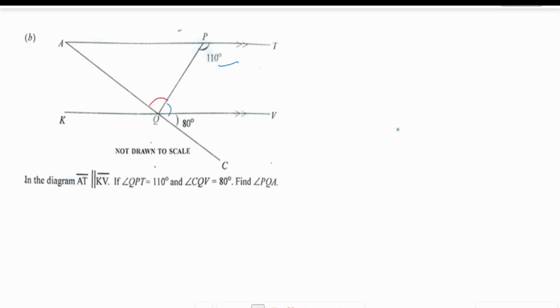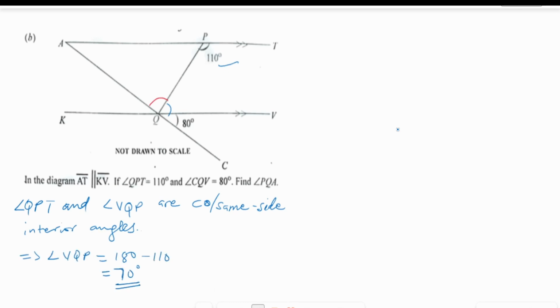And if that is the case, then they are supplementary, meaning that they add up to 180 degrees. So let me just write that quickly. Right, so I just decided to simplify everything. As I said earlier, these two are same side interior angles and they are supplementary. So simply put, this is 70 degrees. 70 plus 110 is 180 degrees.